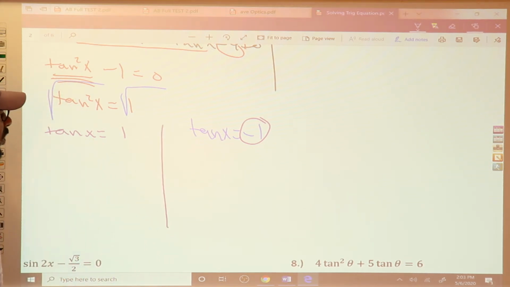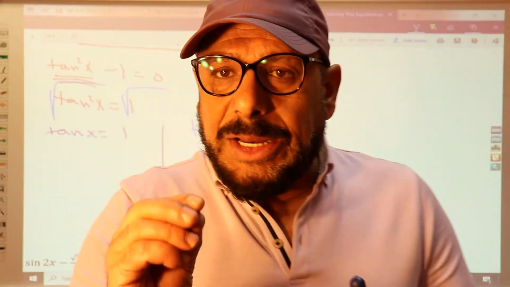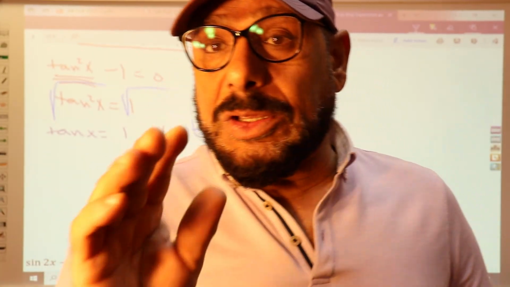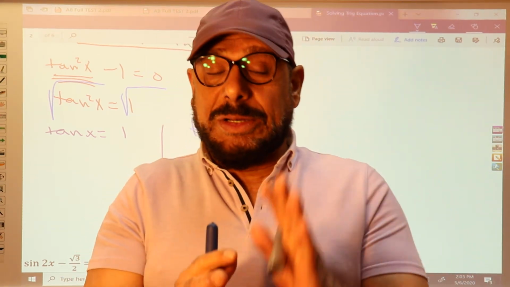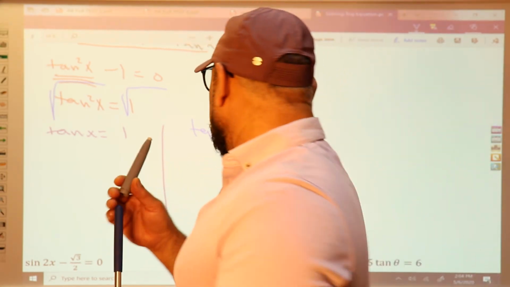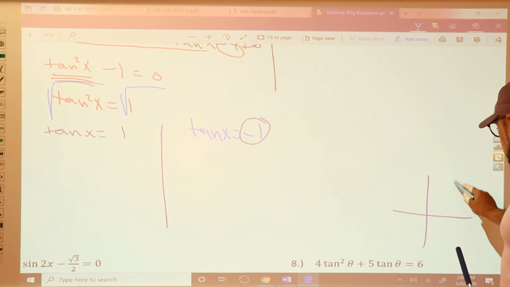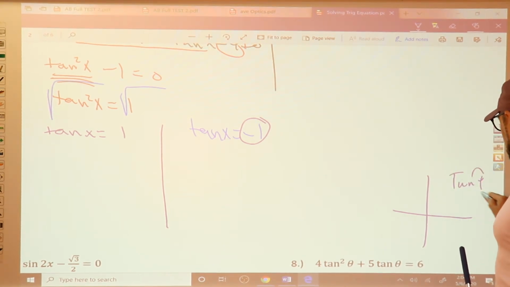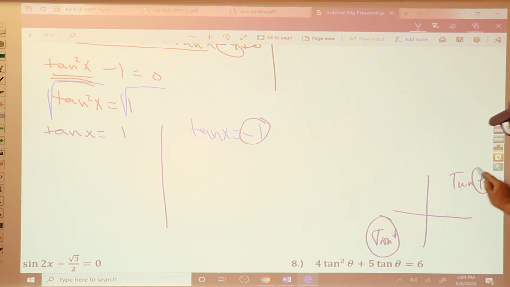This is very well known. I'm going to repeat this 10 times for you. I'm serious. Tan x equals 1 when x equals 45 degrees, in the first quadrant and the third quadrant. Look here. The tan is positive here and positive here, in this quadrant and this quadrant.